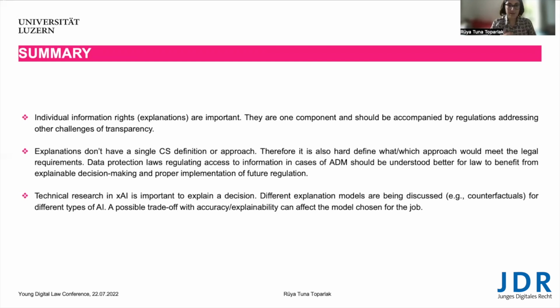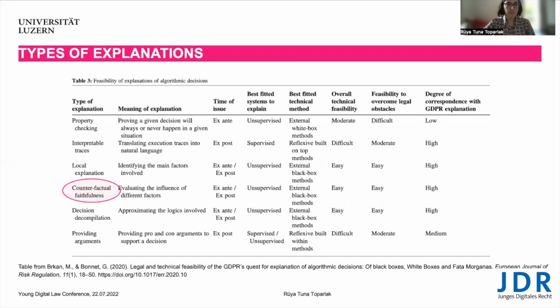So if we enhance here the courts and judges' understanding of these explanation approaches and the specific procedure that was used in the AI in point of contention, it might also help them to interpret the information requirements of the GDPR better. And this is just a table for these types of explanations, some of them that are being discussed.